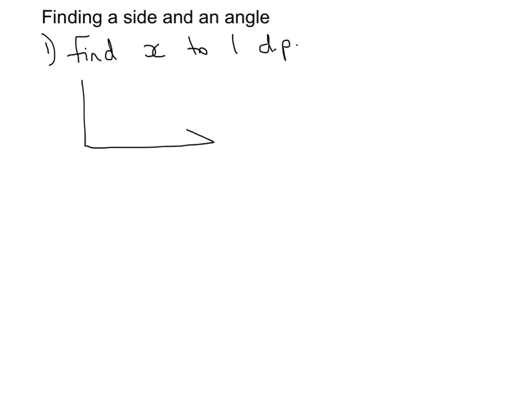The work that I've left for you is to find an unknown side or an angle. This is just revision. Let's just start with: find x to 1 dp using right angle trigonometry. I'll just make it up here.